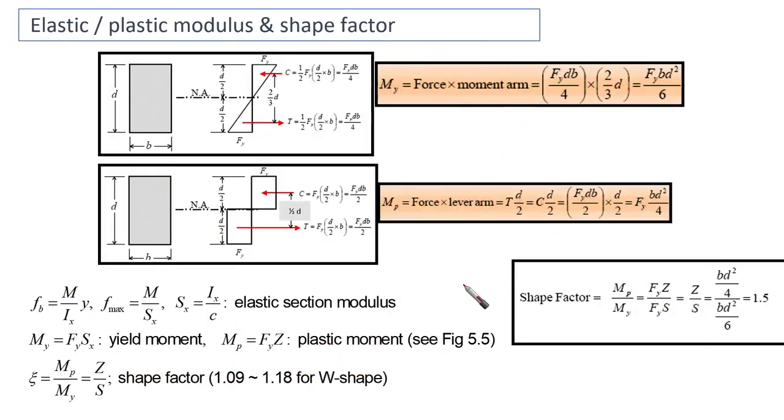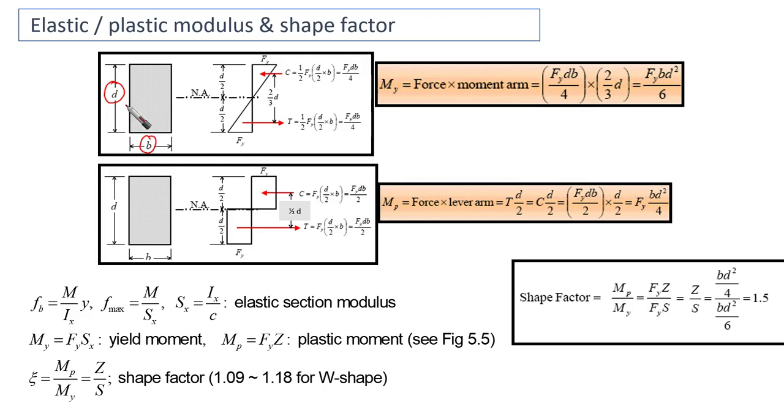Okay, so now let's try to find a relation between the elastic and plastic section modulus. Let's take this cross section here, which is a rectangular cross section with width B and depth D. We are going to assume that it is in the elastic case, so the stresses are linear and the neutral axis is in the middle.